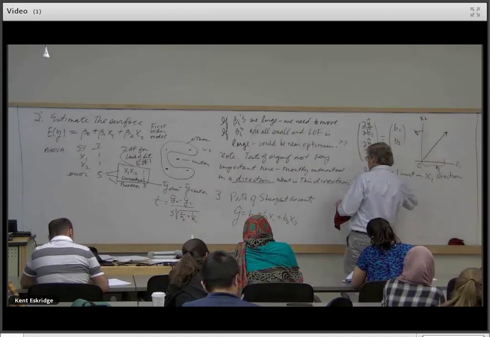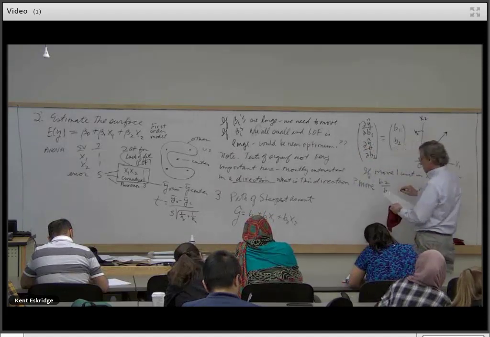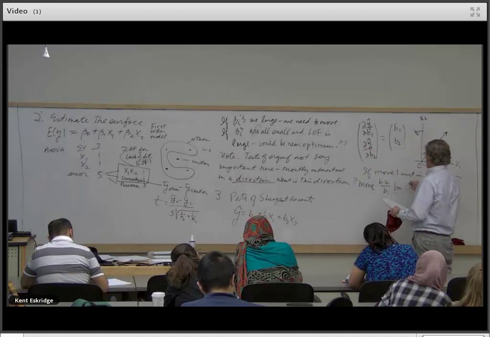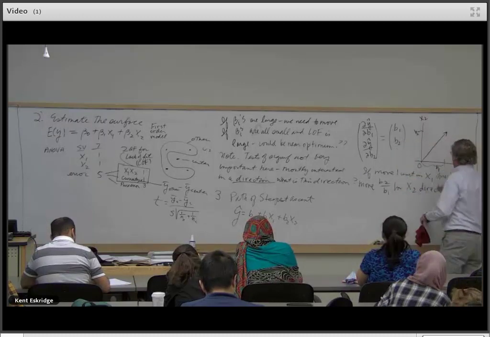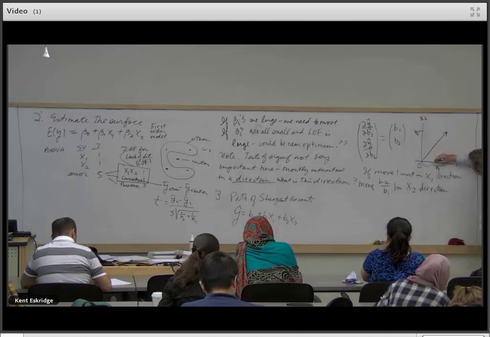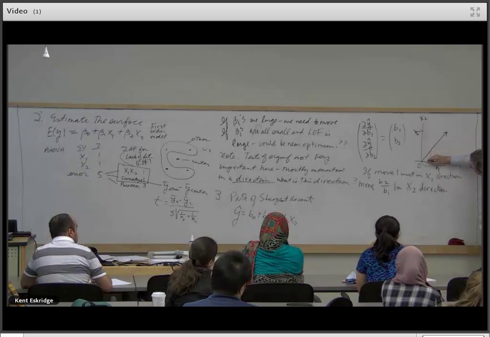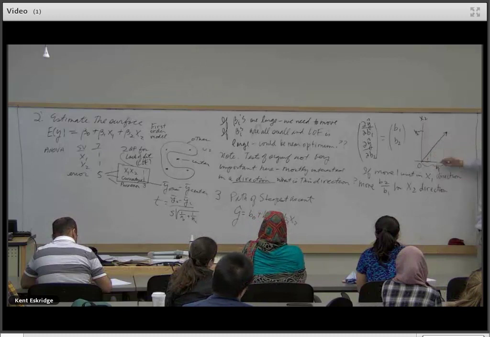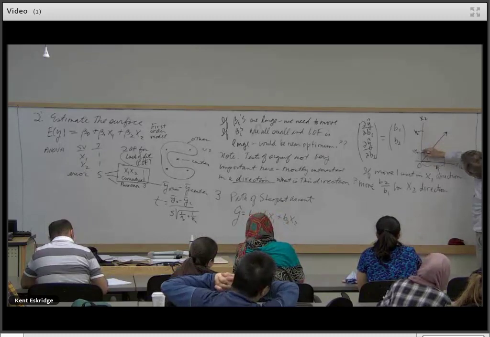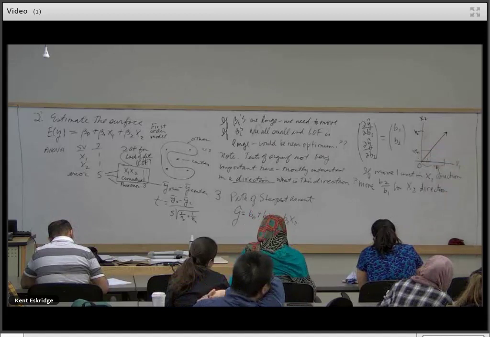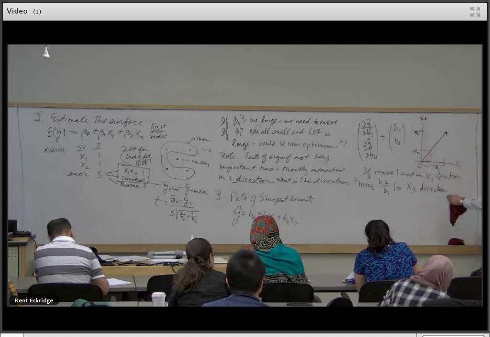Move B2 over B1 units in the x2 direction. And all that is a slope. If I move 1 unit in the x1 direction, then I have to move B2 over B1 in the x2 direction. It's just the slope. That's all it is.